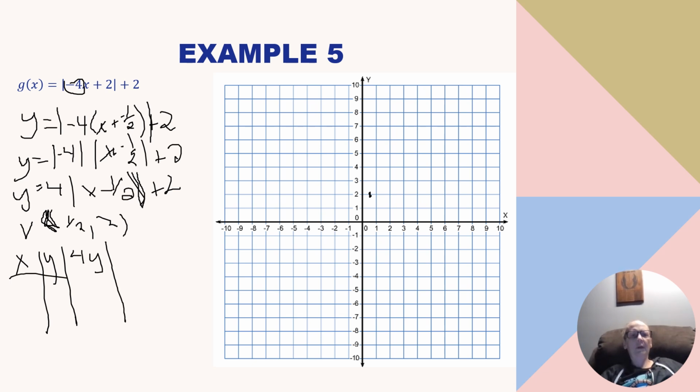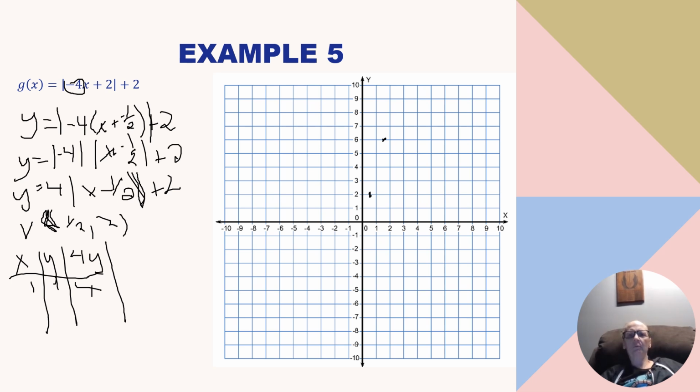So again, when x is 1, the absolute value of 1 is 1, and 4 times 1 is 4. So for every change in x that is 1, we will move 4 up in y, because it's not got a negative out there. So 1 value over and 4 values up, 2, 3, 4 is here.